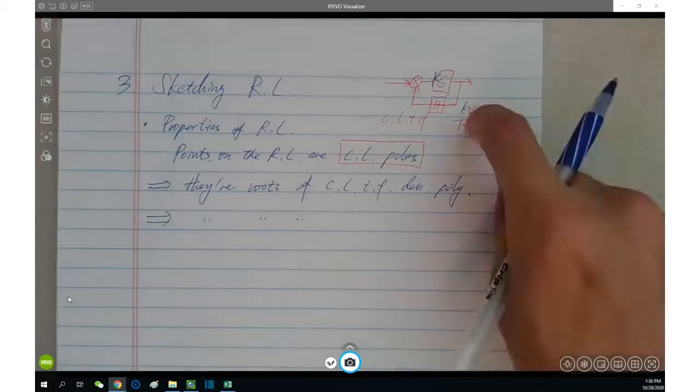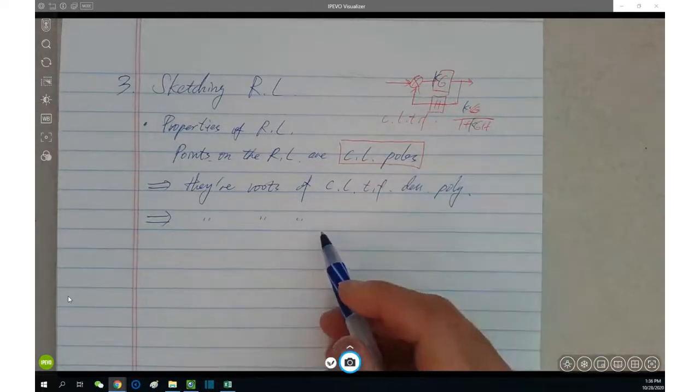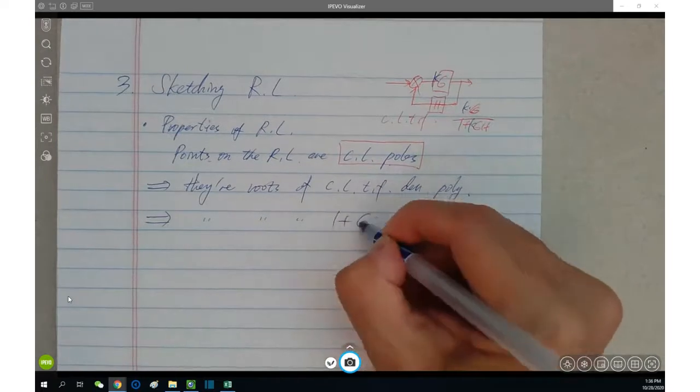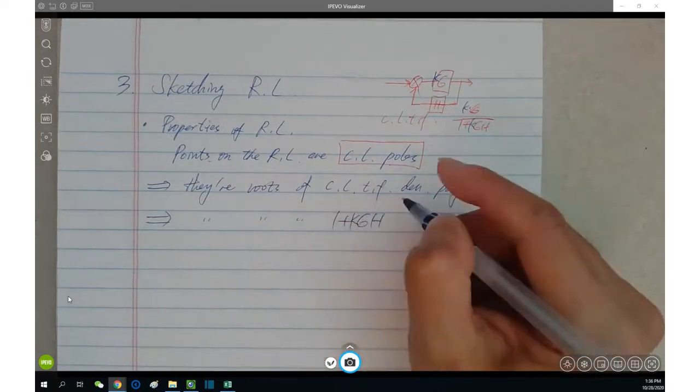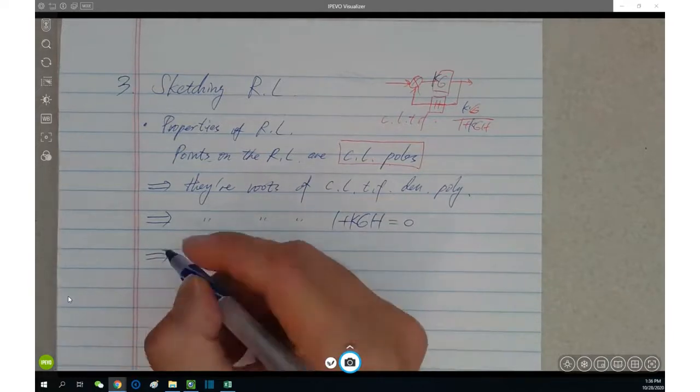So according to this, the poles, or say the points along the root locus, are what? The roots of whom? How about this? We just assume this polynomial down there, the denominator polynomial. All right. So this denominator polynomial, then what can we know about it?